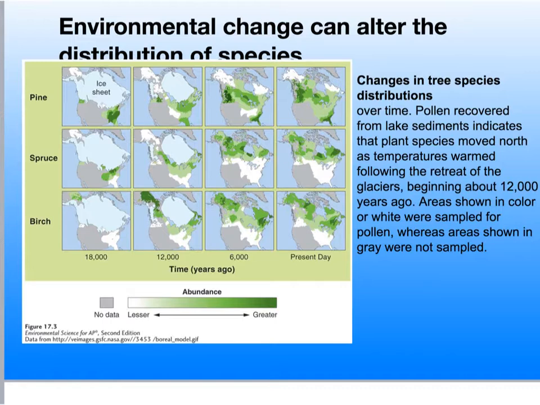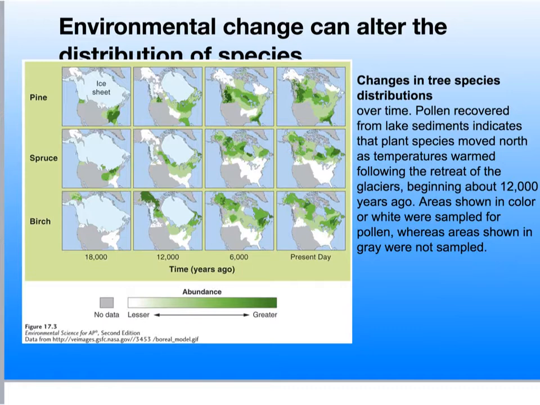Because the past changes of environmental conditions have led to changes in how these species are distributed, it's reasonable to assume that future changes can also cause species to become distributed differently. So the biggest example that we're all thinking of is global climate change. As the global climate warms, some areas of the world are expected to receive less precipitation, and other areas are predicted to receive more.